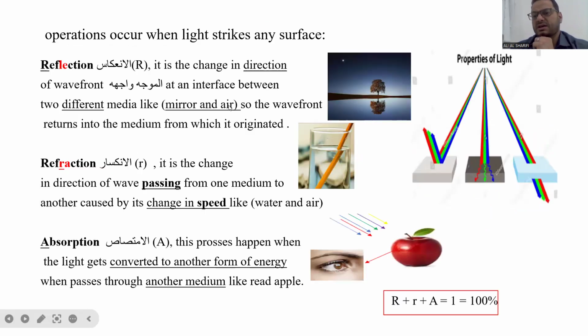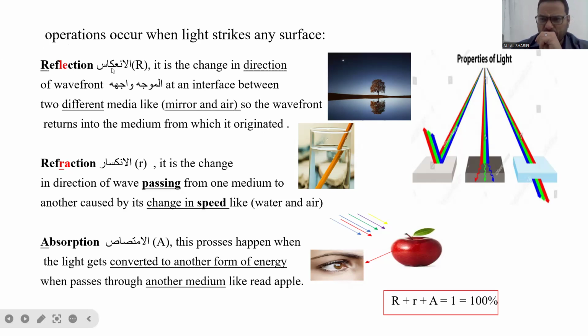Now, let's get an idea about how we can see everything by using the necessary element. This element is the light. How?